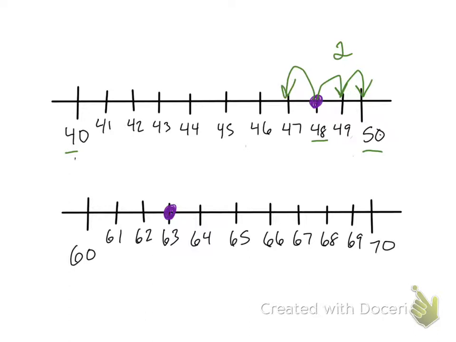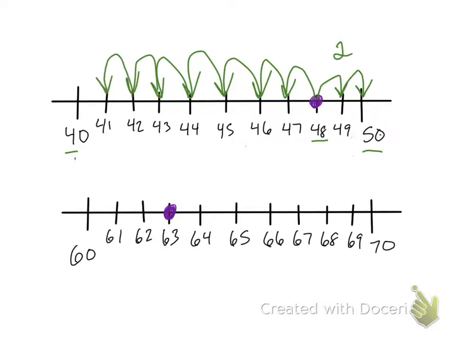We'd have to go 1, 2, 3, 4, 5, 6, 7, 8. So it takes 8 jumps to get to the 40. So is 48 closer to 40 or is it closer to 50? 48 is closer to 50 because it only takes 2 jumps to get there. So if I wanted to round 48 to the nearest 10, I would round it up to 50.